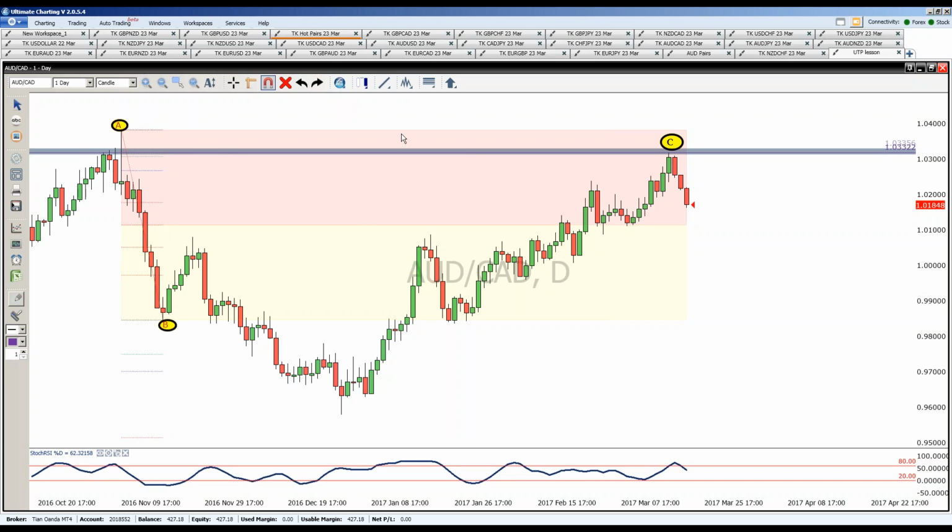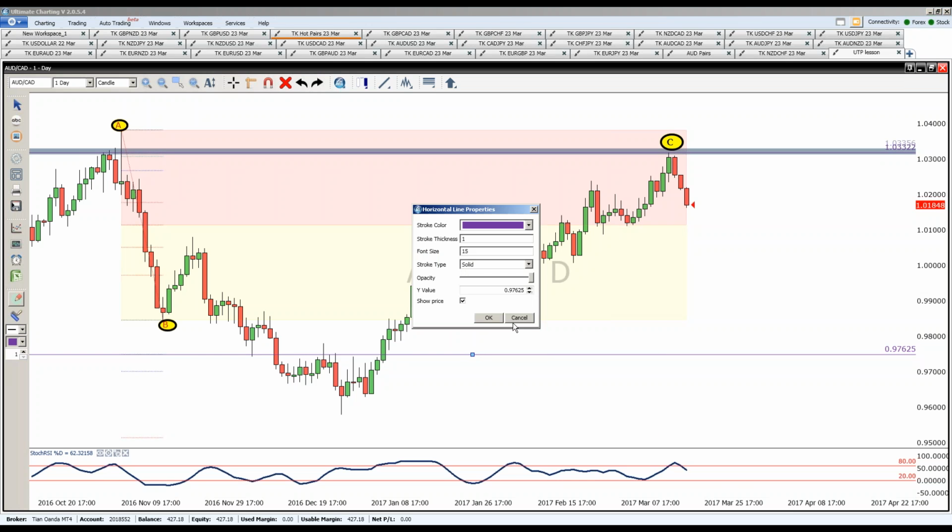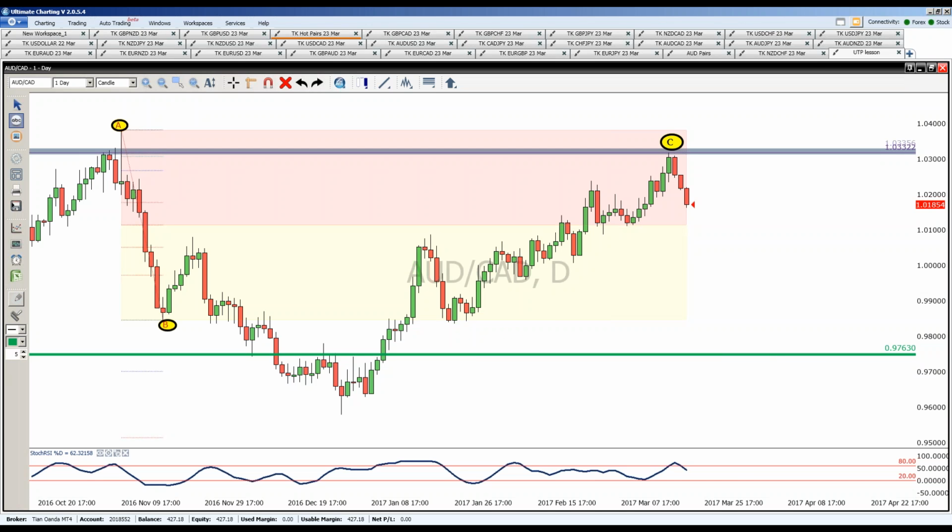So that means we retraced to the 8.6, and that means the D extension is going to be the 1.18 extension at 9763. So the D extension would be over there.